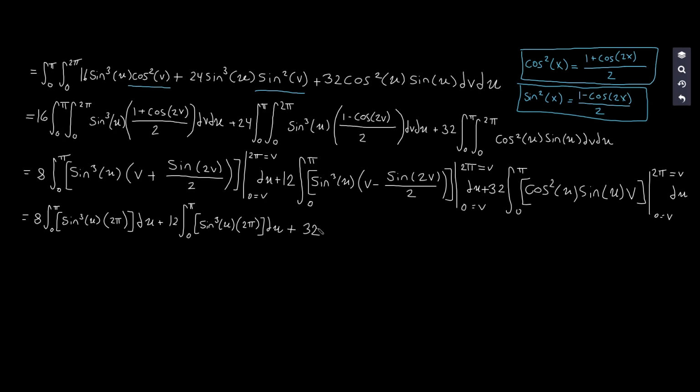So 32 times, going from 0 to pi, 2 pi times cosine squared of u times sine squared of u, integration with respect to u.